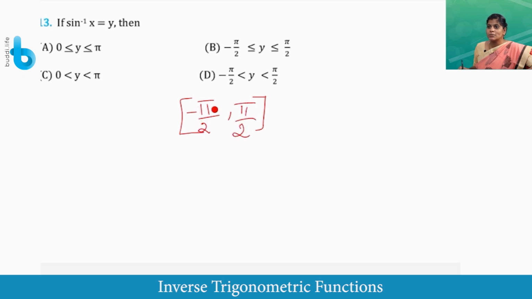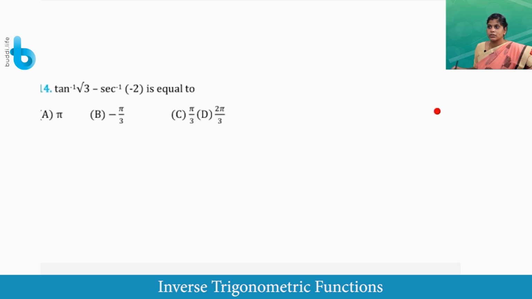Closed interval means both minus pi by 2 and pi by 2 are included in this interval. Just check, here pi by 2 is less than y, so this pi by 2 value is not included. If it is given less than or equal to, it is included. So check option B. The value lies between minus pi by 2 and plus pi by 2. Therefore, the correct answer is option B.